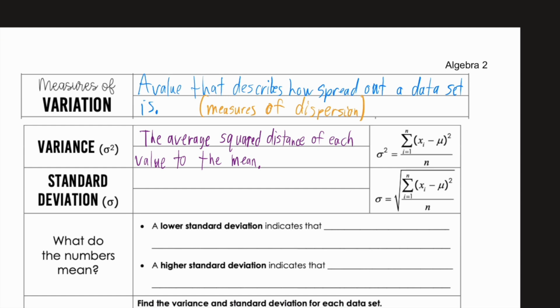And then standard deviation is our other one we'll be using. There are others, but these are the two primary ones that are used. And this is defined really as the square root of the variance.